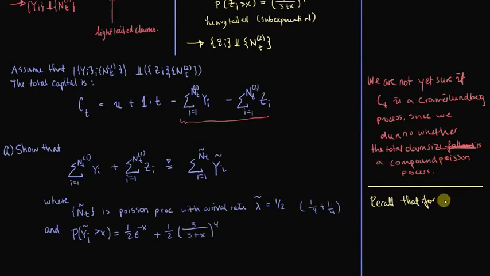So recall that for a compound Poisson process, let's just say it's the sum of W_i from 1 up until N_t, what should we use? There are so many letters that we're already using.